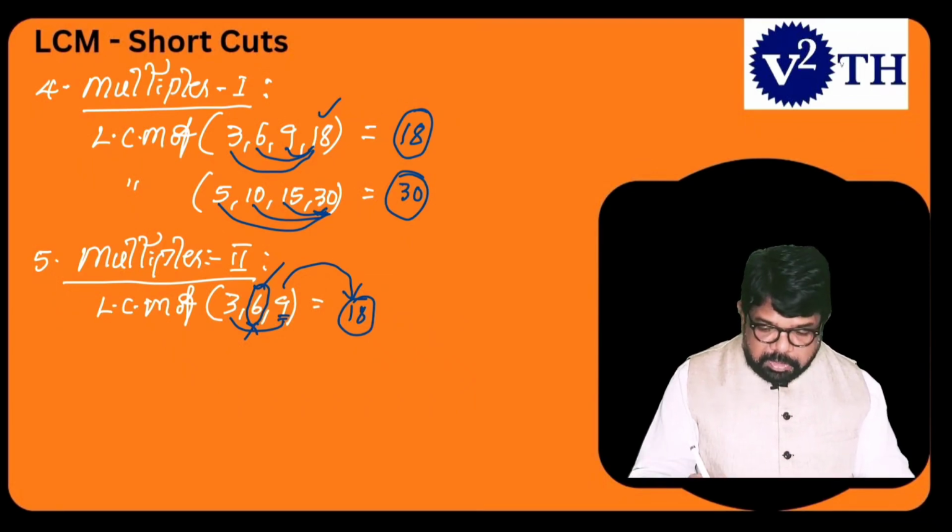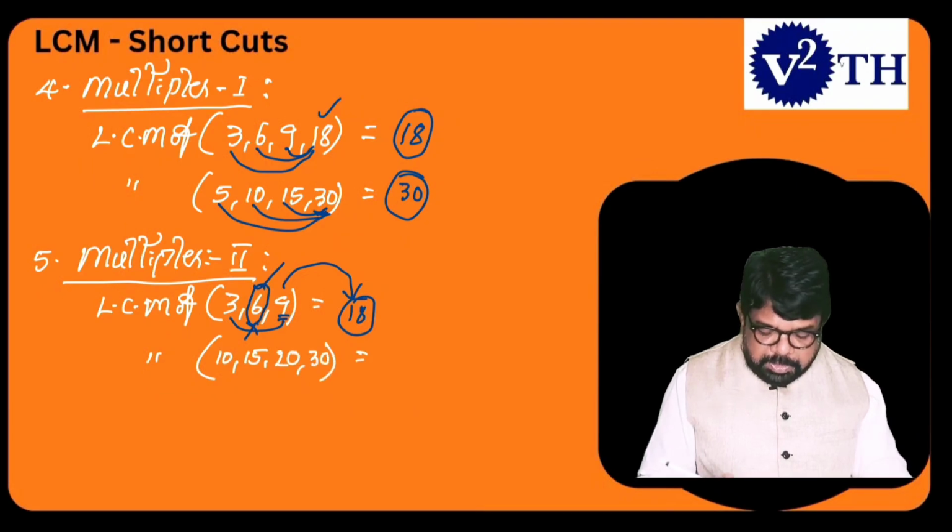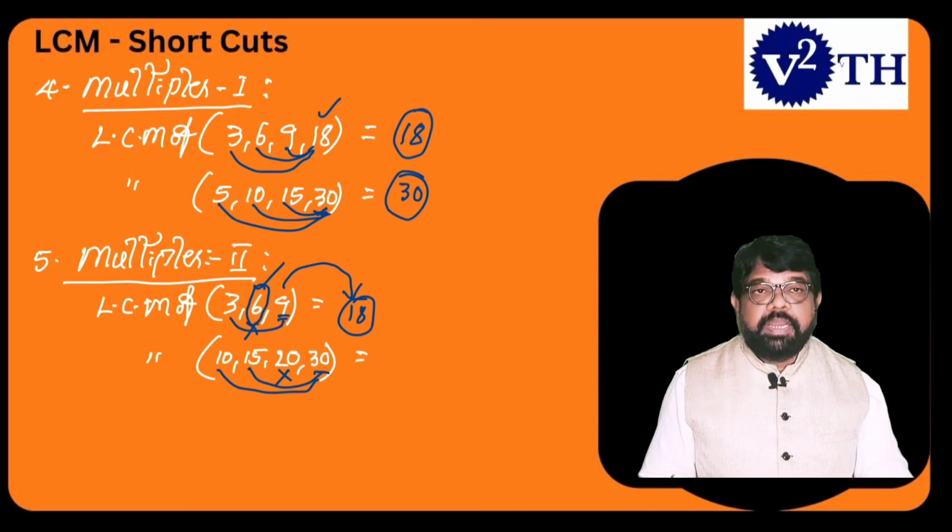What is the LCM of 10, 15, 20, 30? Observing here, 30 is divisible by 10 and 15, but not divisible by 20.